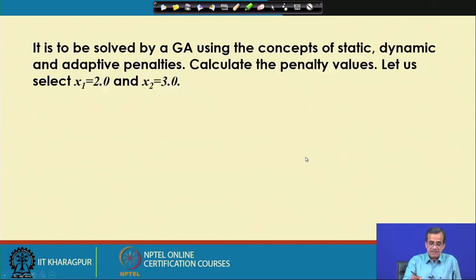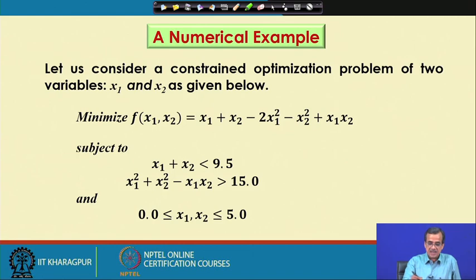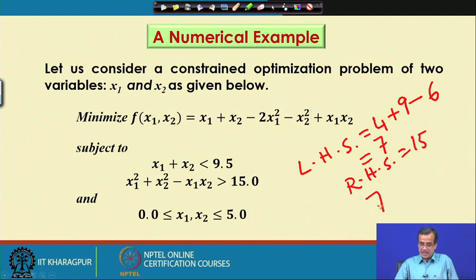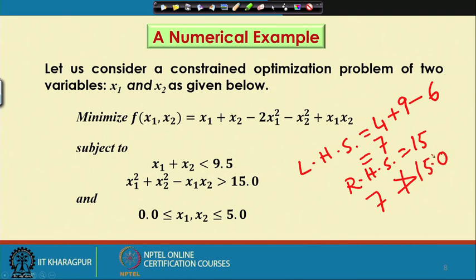The left hand side is x 1 square, that is 4, plus x 2 square, that is 9, minus 6. So, this is 13 minus 6, that is 7, and the right hand side is 15, and 7 cannot be greater than 15. So, it is going to violate the second functional constraint.